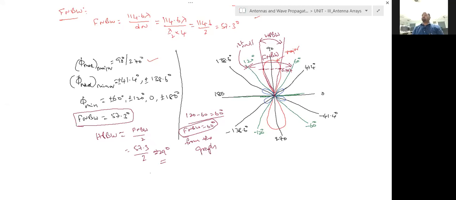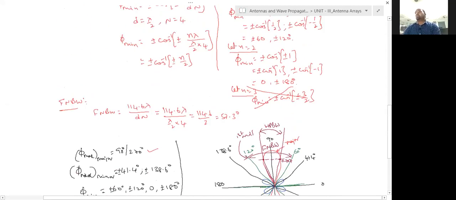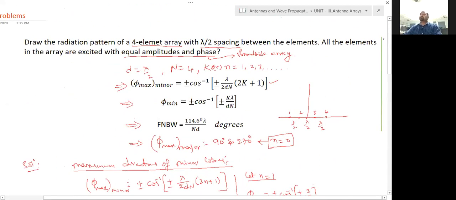So I will give you a homework now. Same procedure. You do it for 8 element array. Just now I have done for a 4 element array, and you do the same for 8 element array.